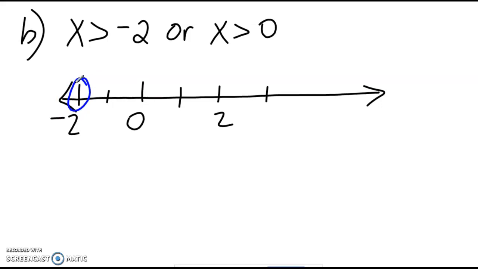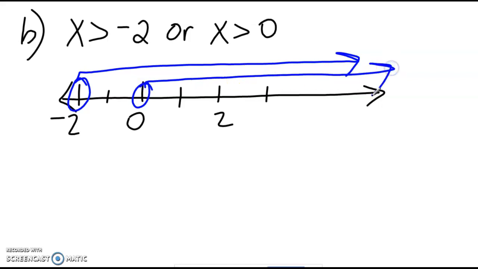To the right. Okay. Kimberly, greater than 0. What do we have at 0? Open or closed circle? And then greater than would be which direction? To the right.